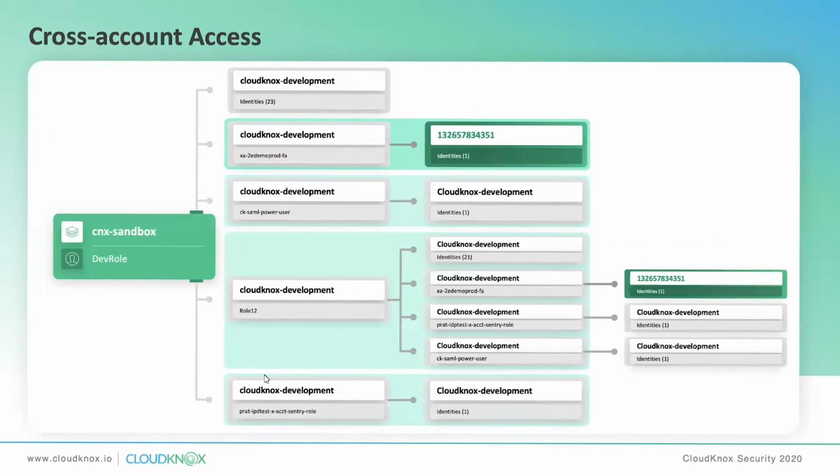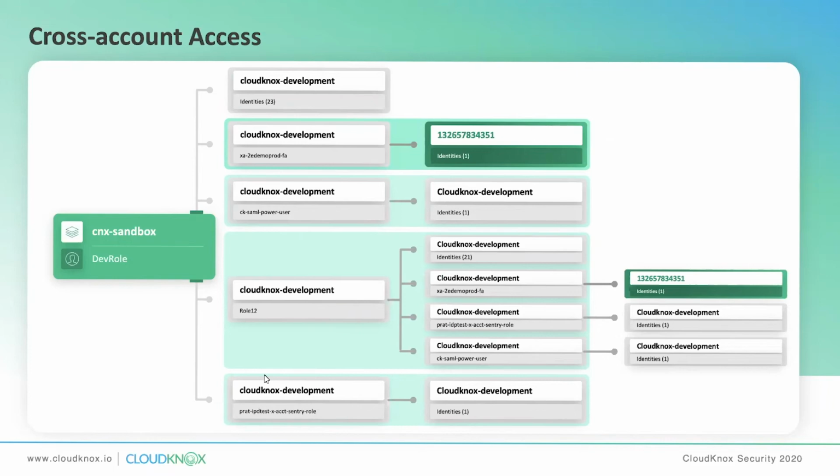Here's a sample showing the extended reach of a cross-account role. Notice that within the sandbox environment, a dev role exists that has full administrator access to the CNX sandbox account. Several identities from the CloudKnox development account can assume this role.